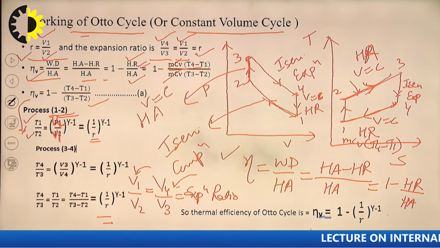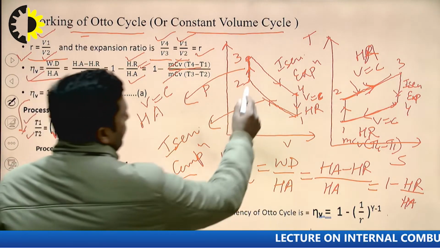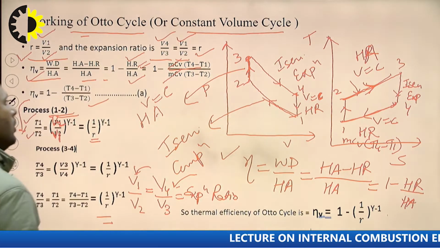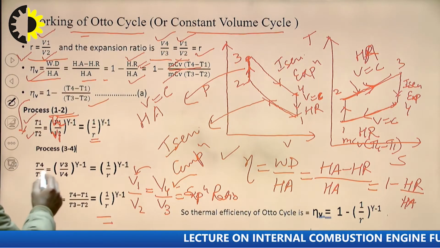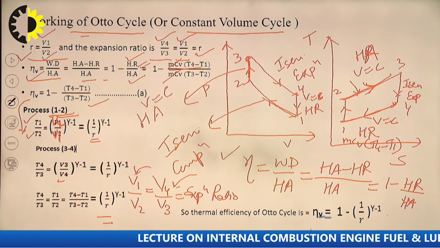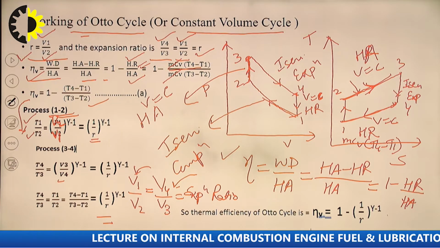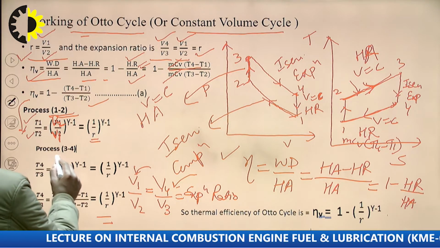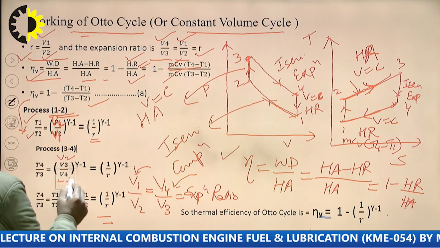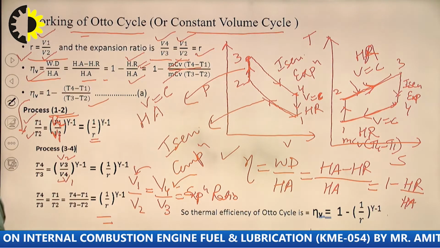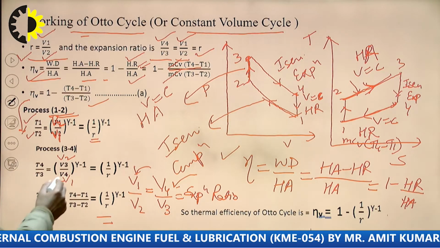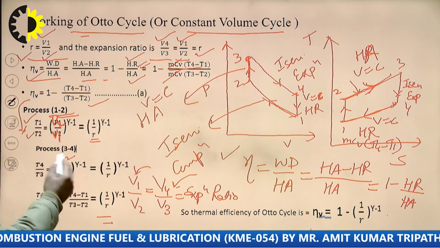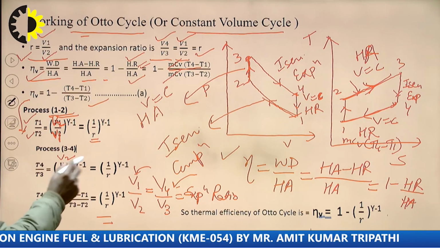Similarly, in the isentropic process 3 to 4, T4 by T3 will be equal to V3 by V4 to the power gamma minus 1. And we know that V3 is equal to V2 and V4 is equal to V1. And we also know that V1 by V2 is the compression ratio, so V2 by V1 will be 1 upon the compression ratio.